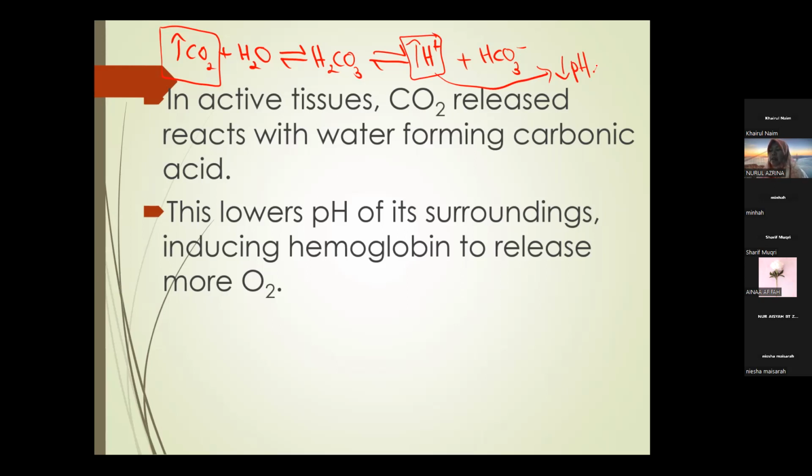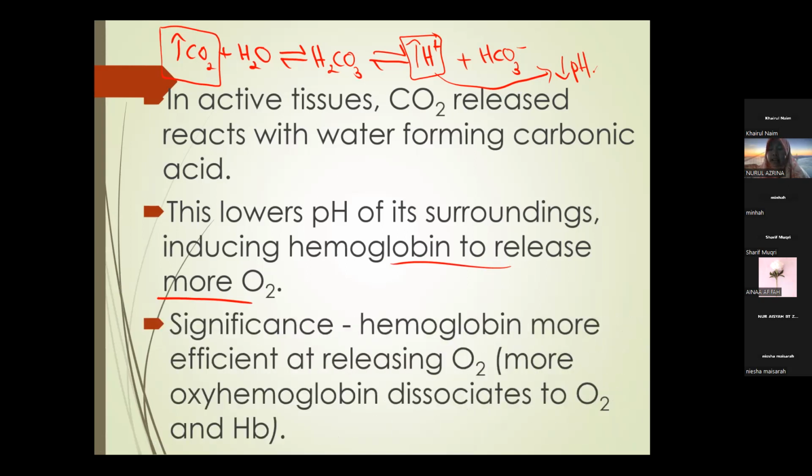Okay, right. So when this thing happen, when your body is respiring more, your pH of blood drop, it will induce hemoglobin to release more oxygen, or in other words, to unload more oxygen. Okay, so what is the significance behind these factors related to carbon dioxide and also pH and whatnot?